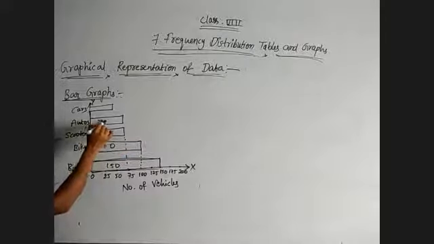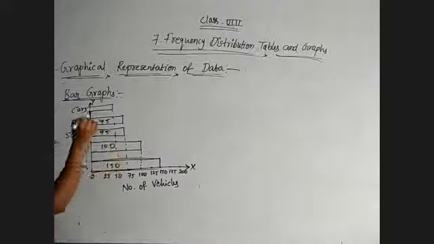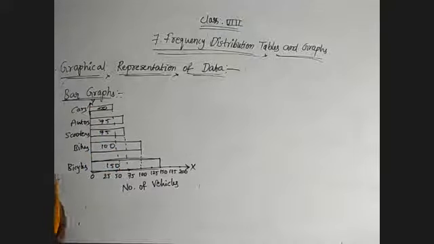Autos also 75 are there, and cars 50. So this is the information given about the number of vehicles in a particular village: 150 bicycles, 100 bikes, 75 scooters and autos, and 50 cars. Depending on that information, they may ask questions.